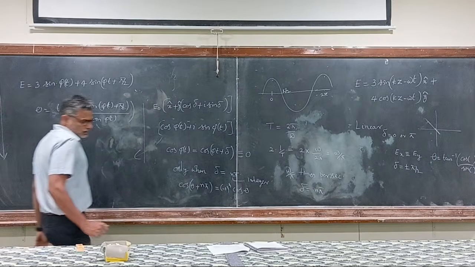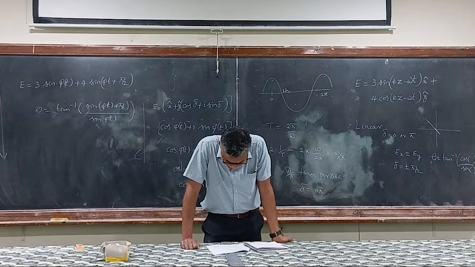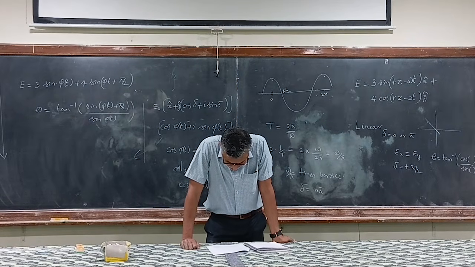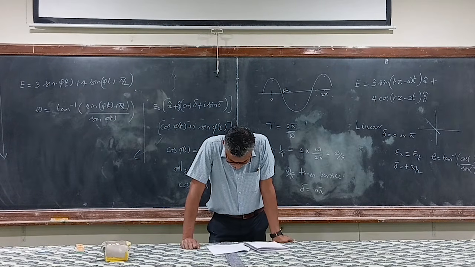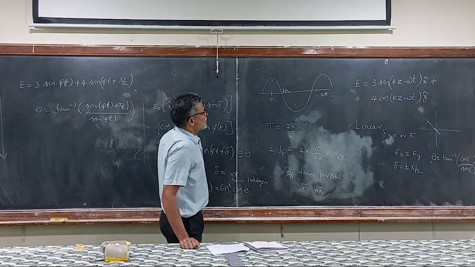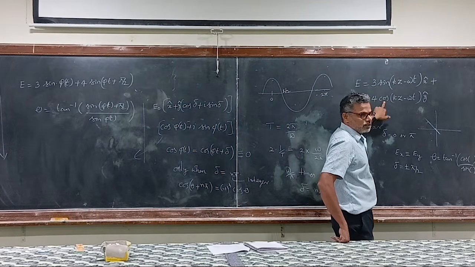So probably this, I don't know whether it's a typing error. If this is cos and this is sine, then it's very straightforward.